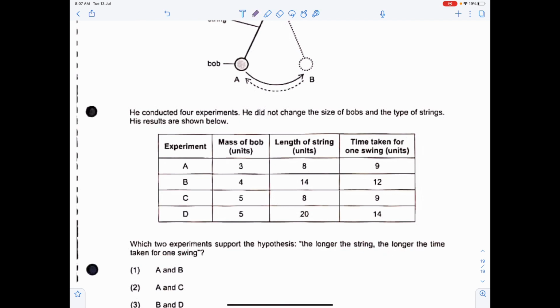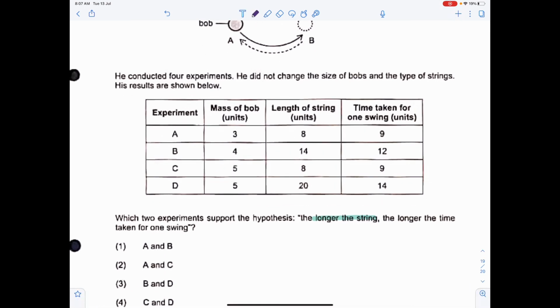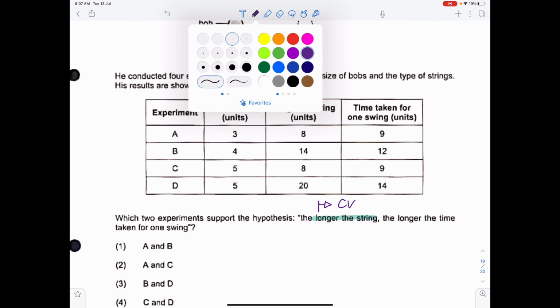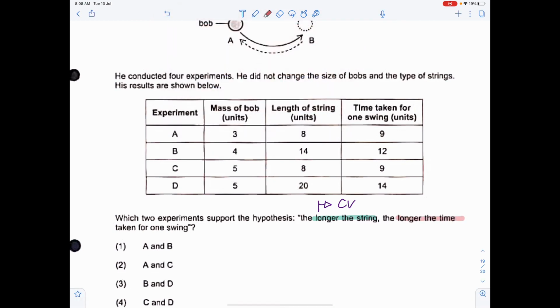So firstly, we need to annotate to help us make sense of certain things. Firstly, the longer the string, this should be the change variable. And then after that, this over here is your results.